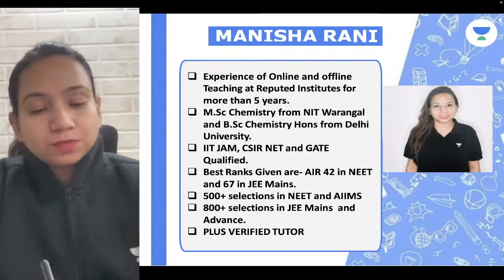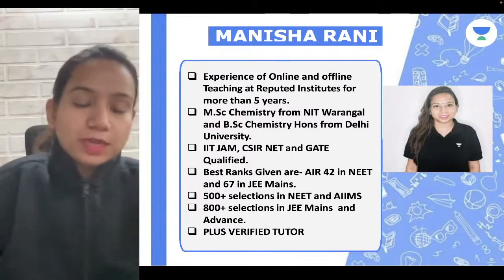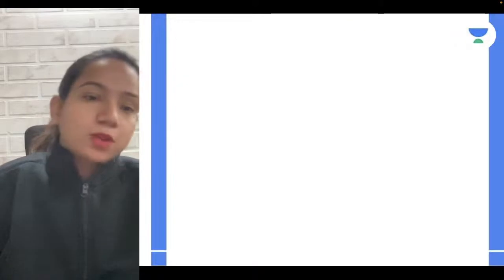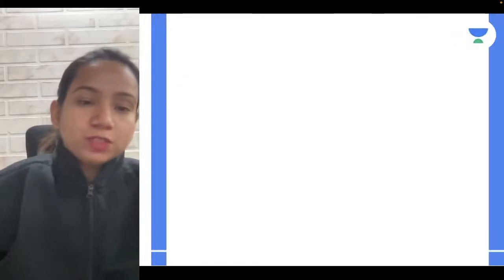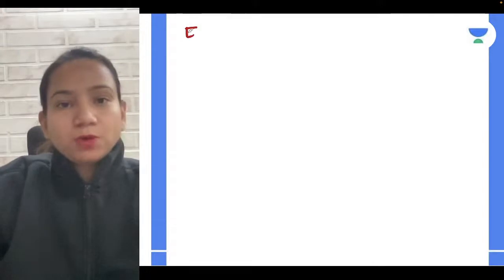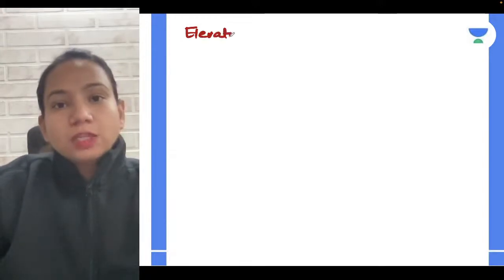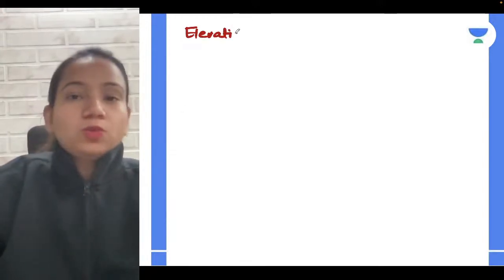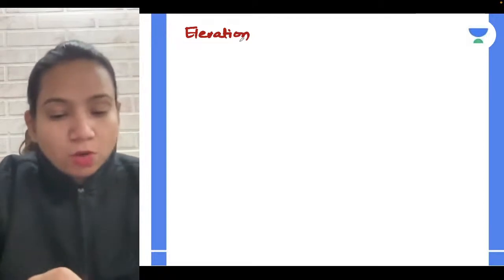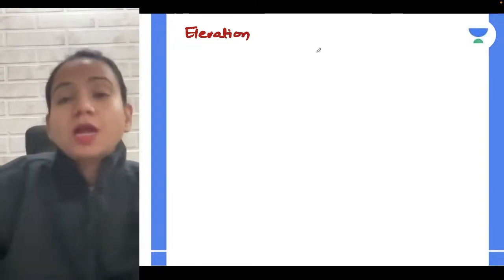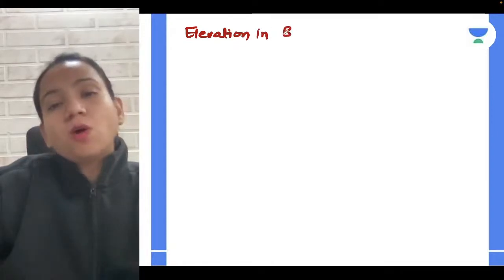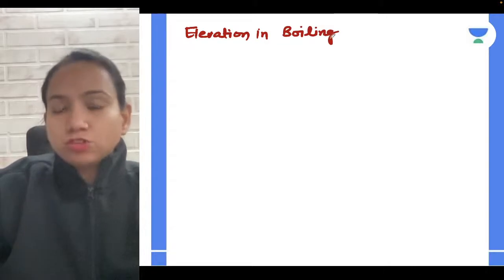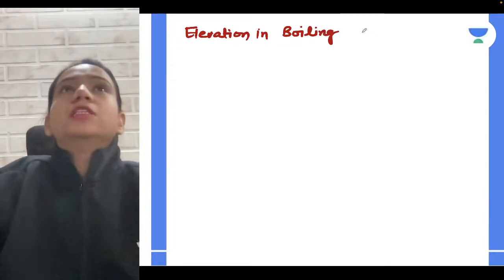Now let's start with the topic, guys. We have to discuss elevation in boiling point. That's a colligative property. I hope everyone knows what colligative properties are: properties which depend only on the total number of solute particles in the solution, not on the nature of it.